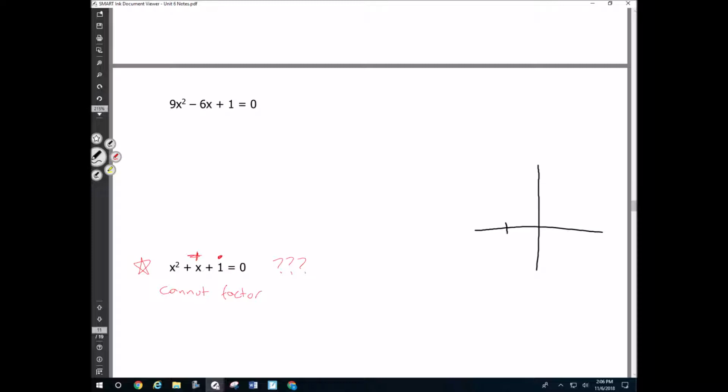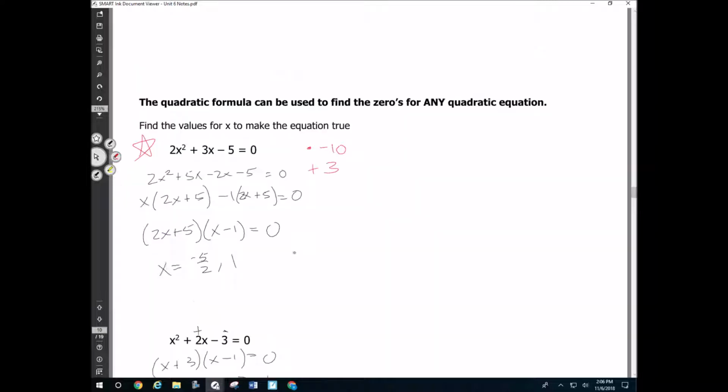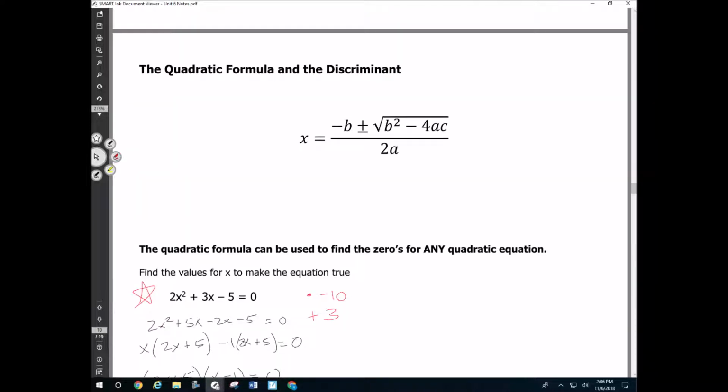However, we're going to be at like decimals. And when we factor, sometimes the decimals don't kind of appear to ourselves. So, my friends, don't worry. Do not stress. There is something called the quadratic formula.